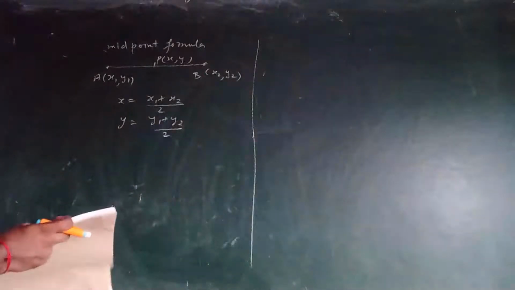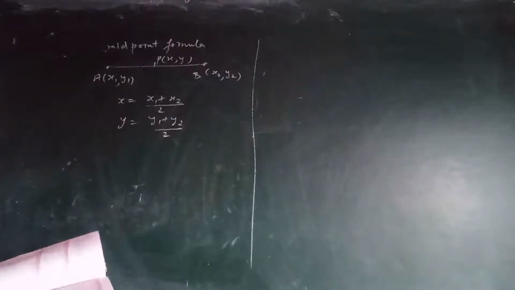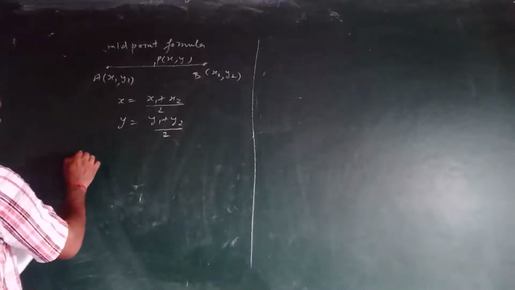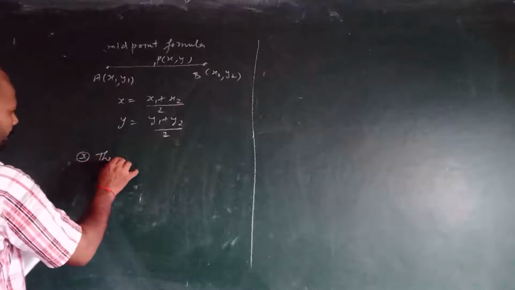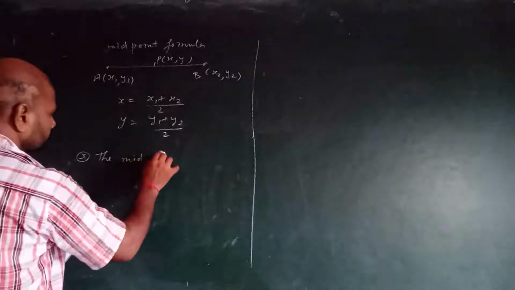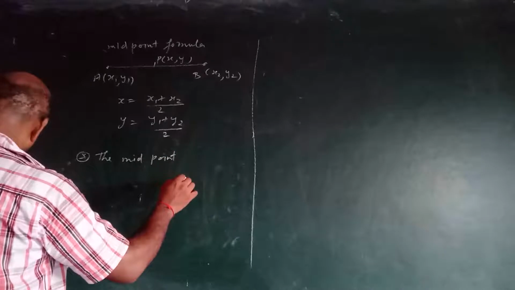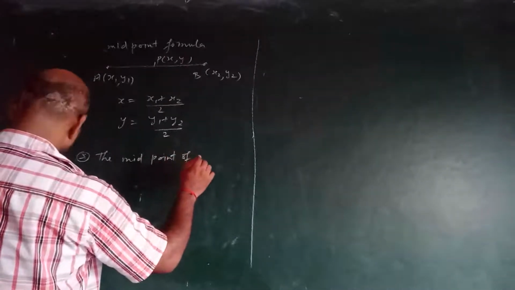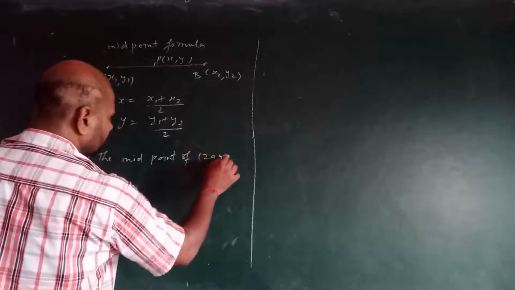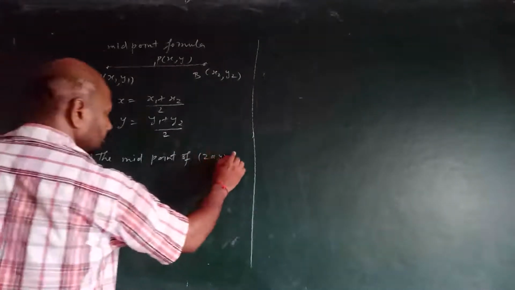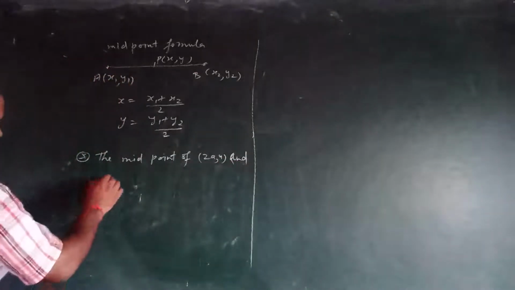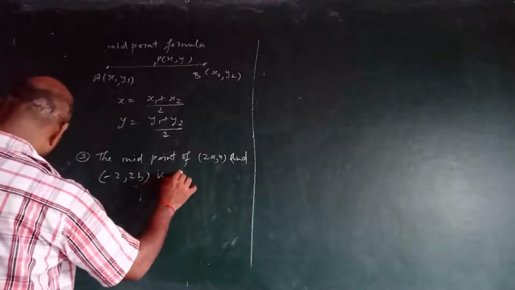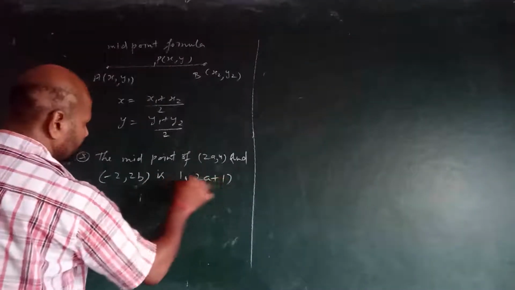Now we will take one question on that. The question says: the midpoint of (2a minus 4, minus 2b) is (1, 2a plus 1).